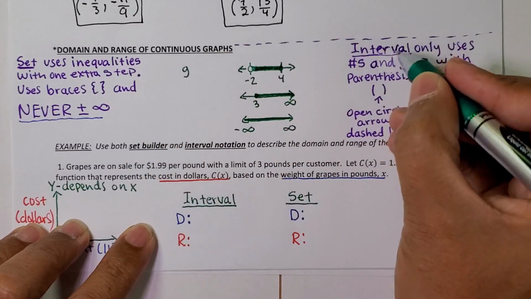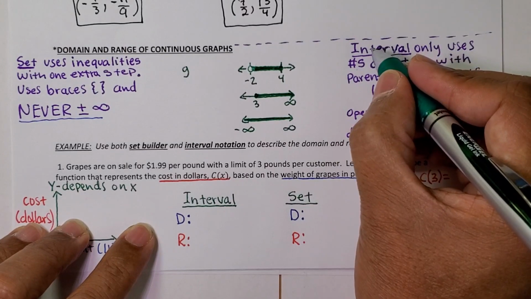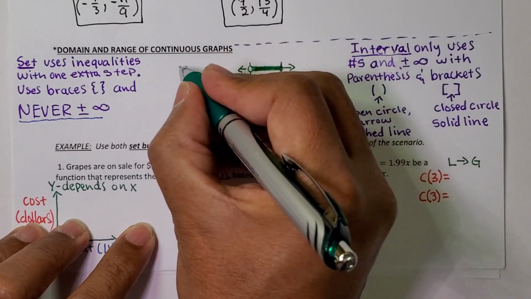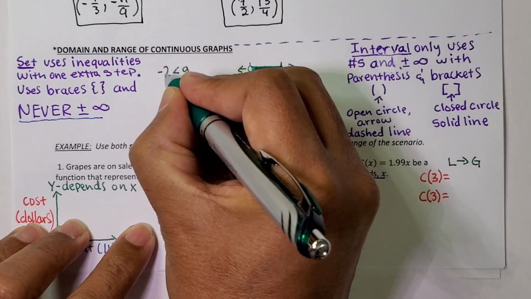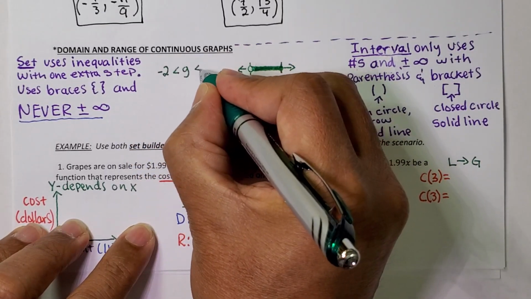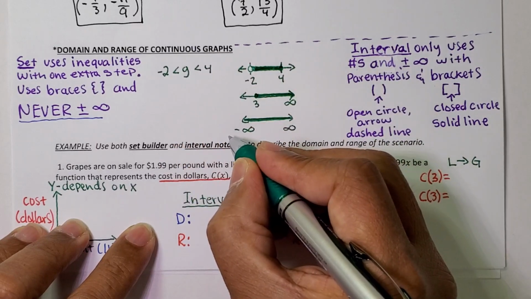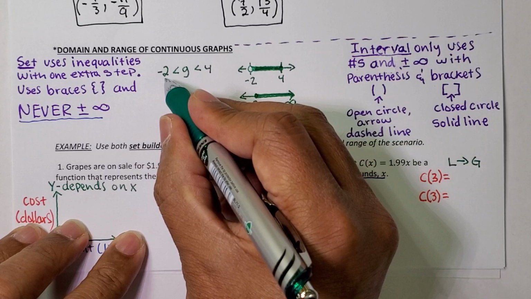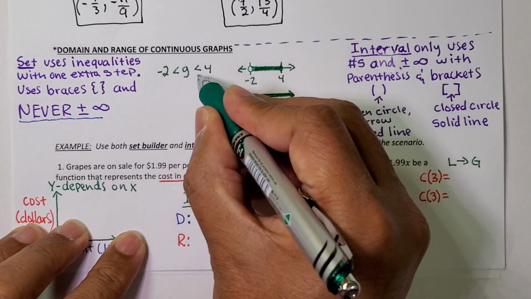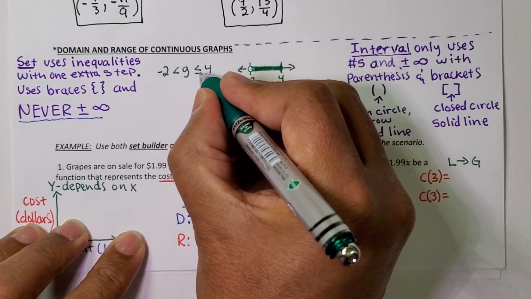I could have used any other variable, but I've chosen G because I love G. Okay, so G, and then we have -2 on the left and 4 on the right. Notice that -2 is an open circle, but 4 is a closed circle, so that means we can say that this one is equal to.